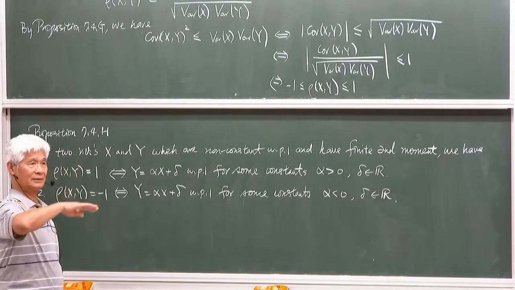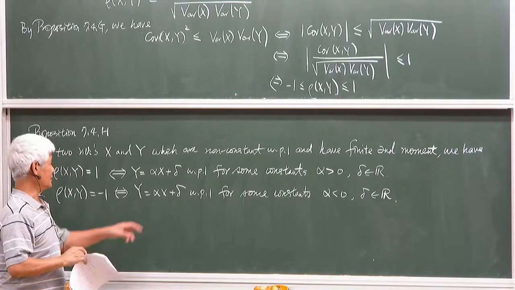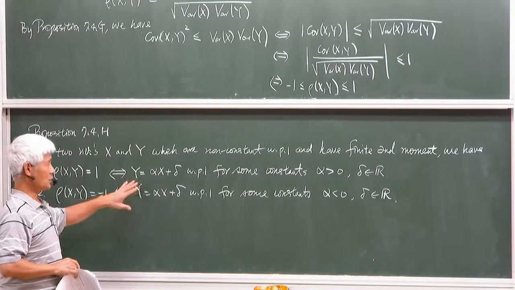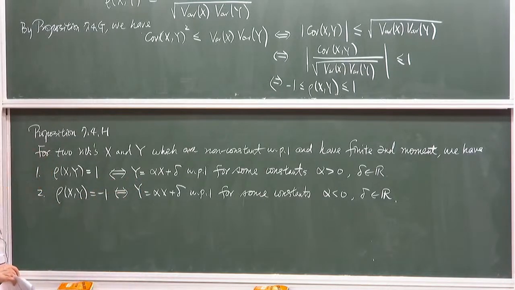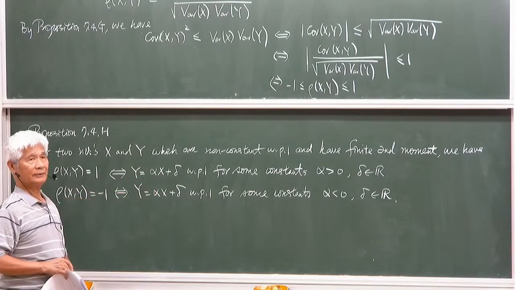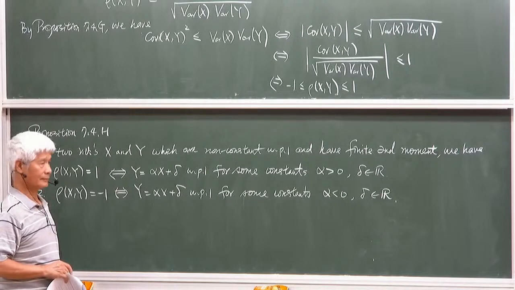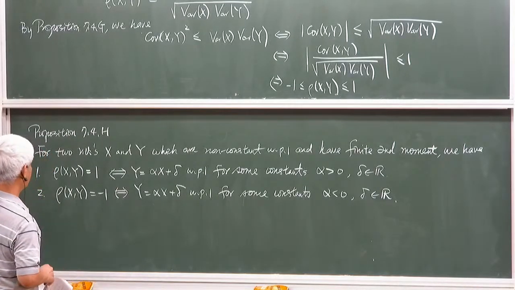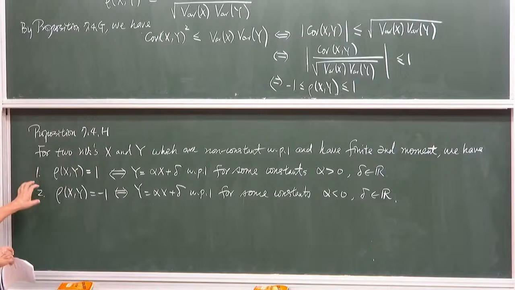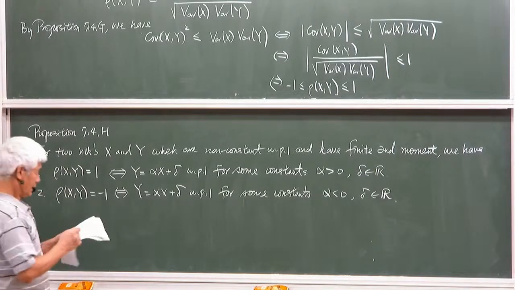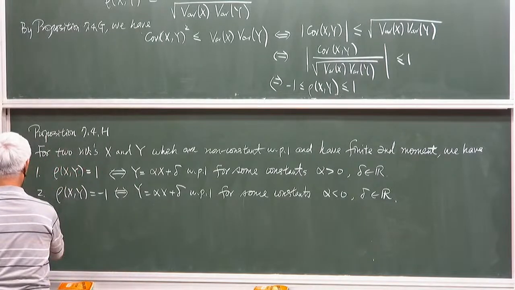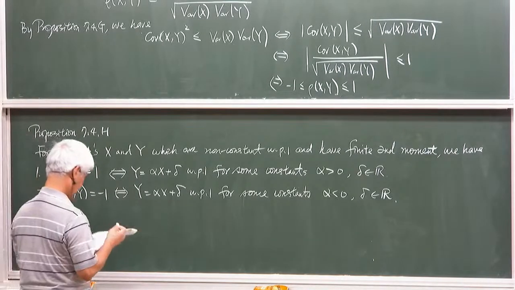This line is the linear relation that approximately relates the random variables. So here is the statistical statement about such kind of estimation. Okay, so the proof.